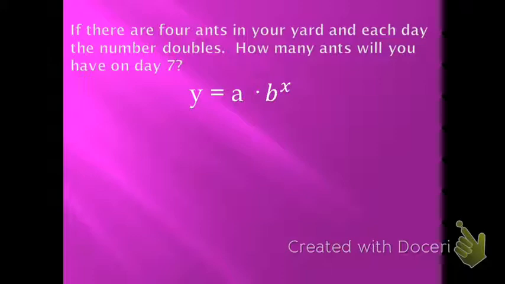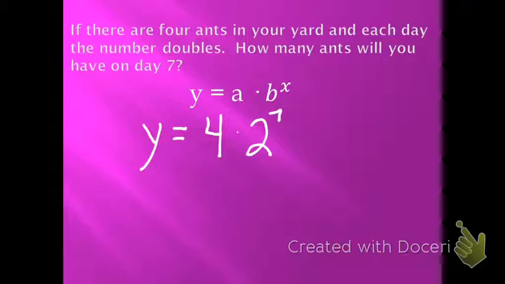So we don't know the total, so we'll leave that as y. A is the beginning amount, and it says there are 4. So I put a 4 in for A. And B is, does it double, does it triple? So B doubles.